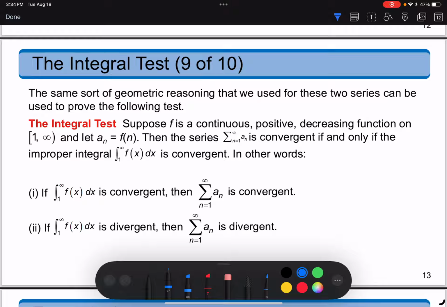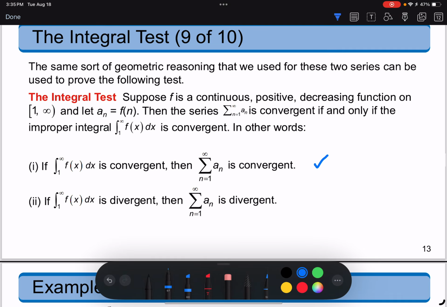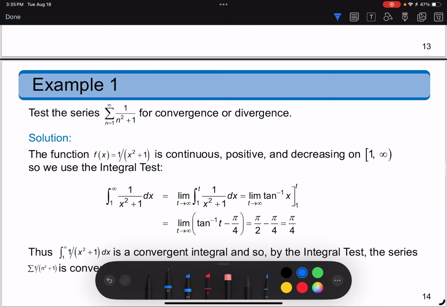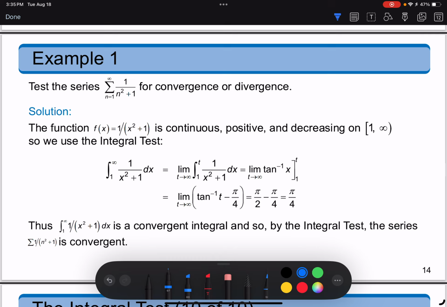In other words, if the integral of f of x dx from 1 to infinity is convergent, then the series is convergent. Similarly, if the integral is divergent, then the summation of a sub n is divergent.